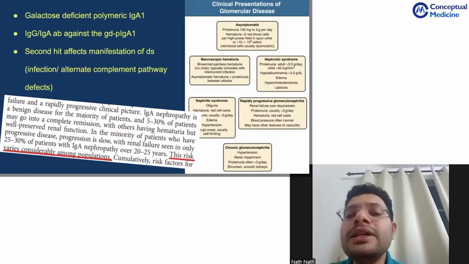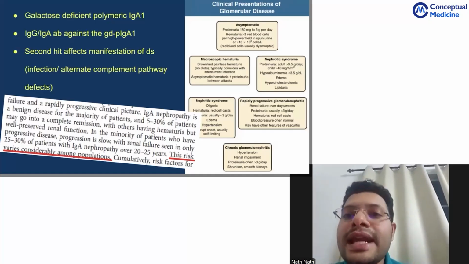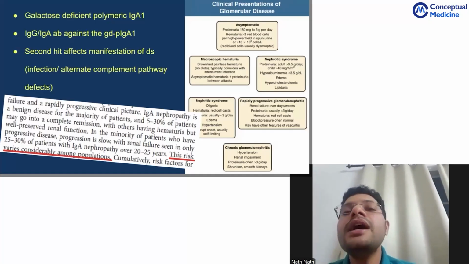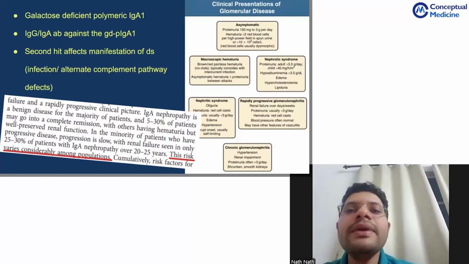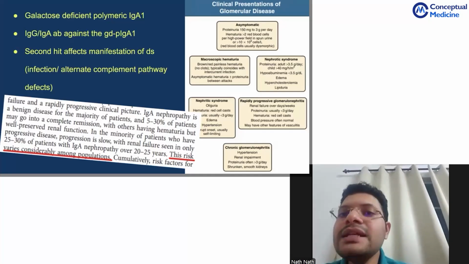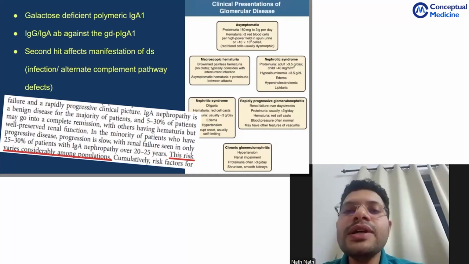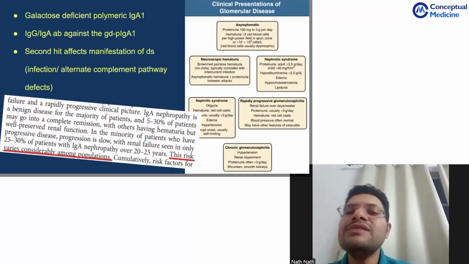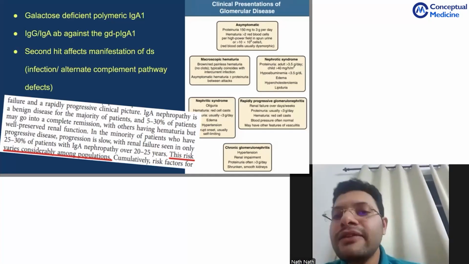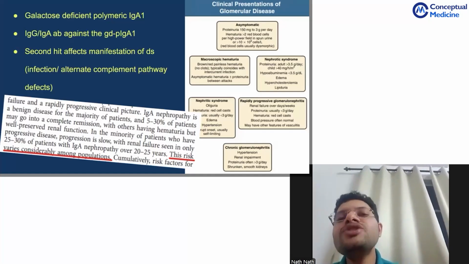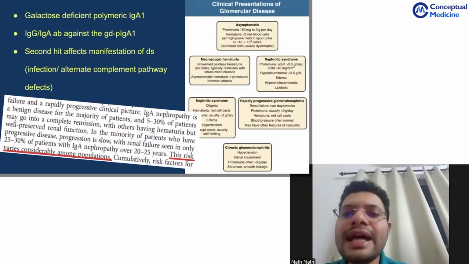And in our population, the Asian population, the Indian population, the Chinese population, Japanese population, IgA nephropathy is not a benign disease. It is a fairly serious disease in which the progression to end stage renal failure is not so slow as mentioned in Harrison. It is pretty fast. Okay, it is pretty fast. So actually, your concentration has to be on that line. That's why I've highlighted that for you.